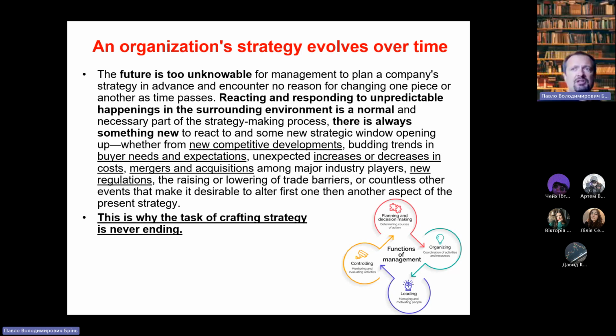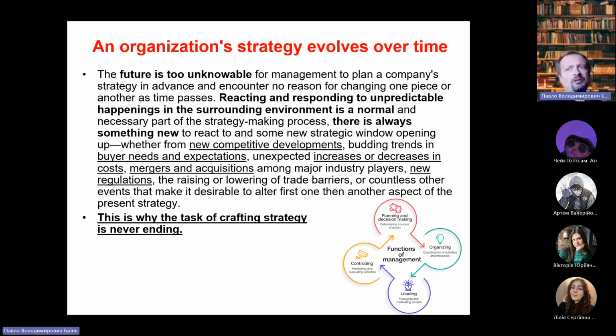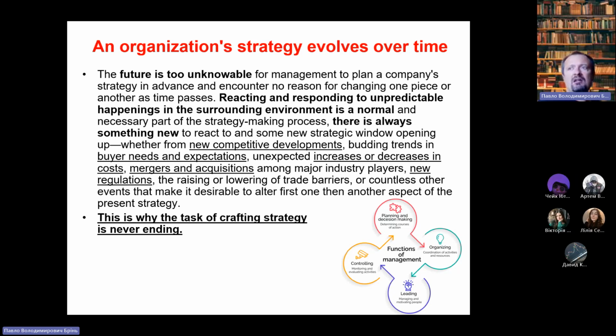And in big organizations, for example at our university, the tasks are delegated not to persons but to positions in the company. I don't know, all of the heads of the department have to do something. This is the organizing function, and the result of the organizing function is the organizational structure of the company.